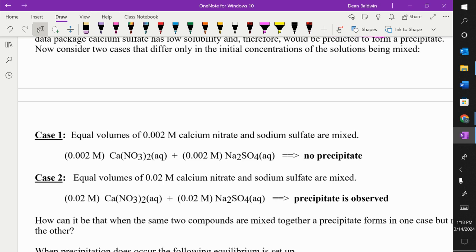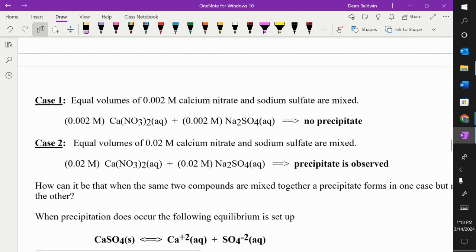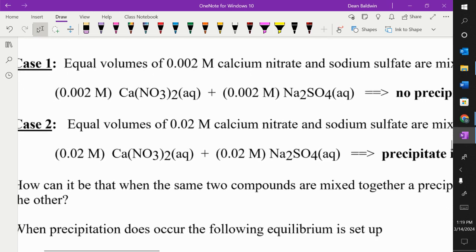But if you mix 0.02 molar with 0.02 molar, you do get a precipitate. Why? What has changed? What's the difference? There's only one difference here. It's the concentration. The concentrations matter. Okay?